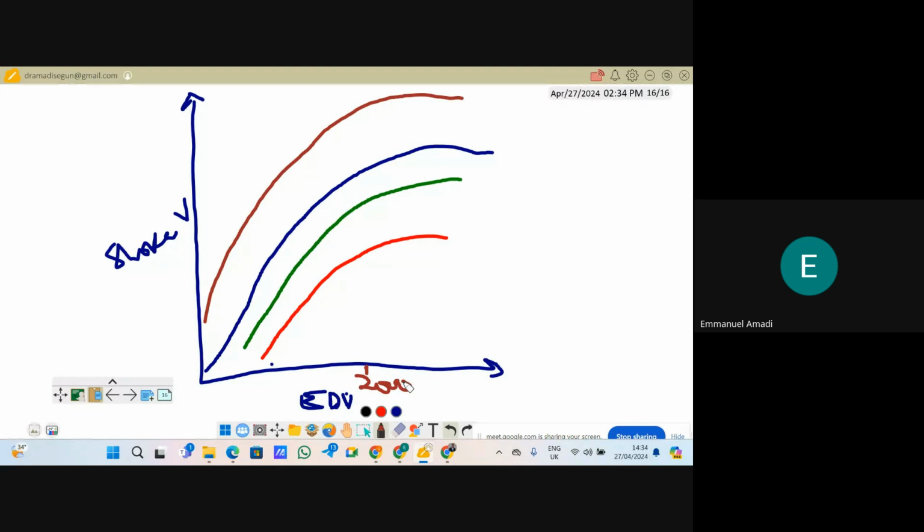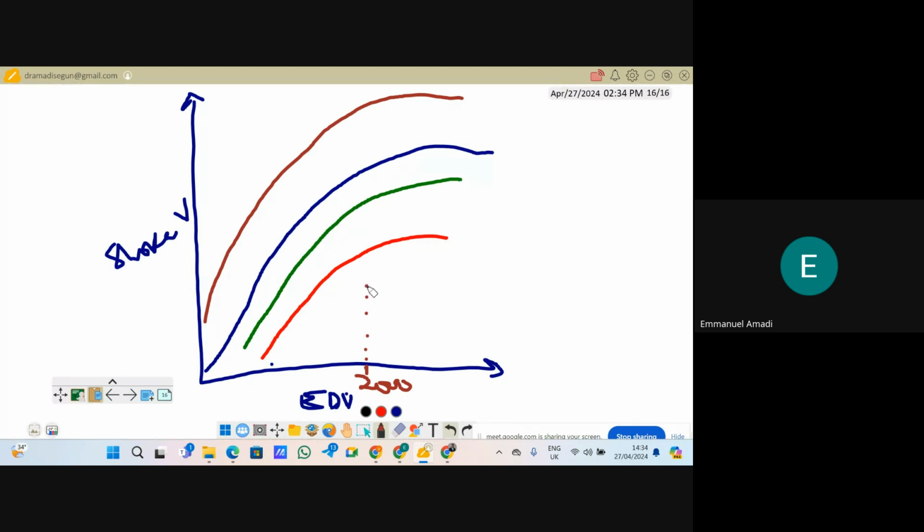Now we're tracing from the same end diastolic volume. So we're assuming that all of the 4 curves have the same venous return. They have the same end diastolic volume for the 4 of them at the level of 2,000. Now, when we trace their stroke volume, we're tracing it from the same end diastolic volume, 2000.